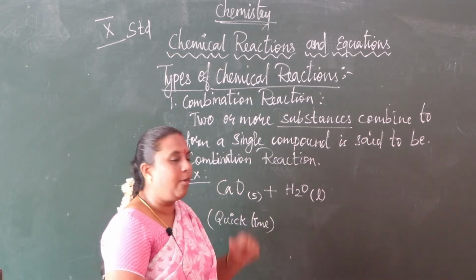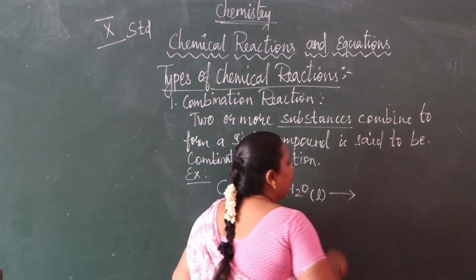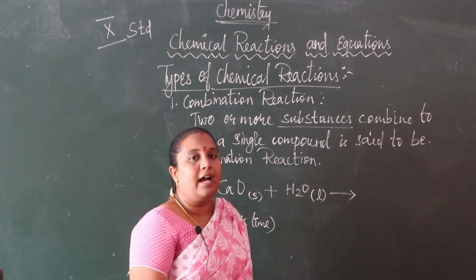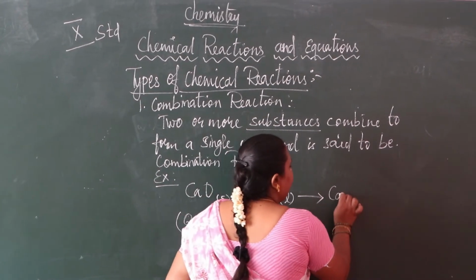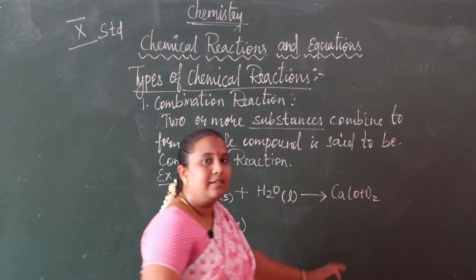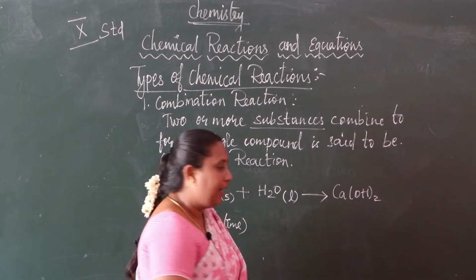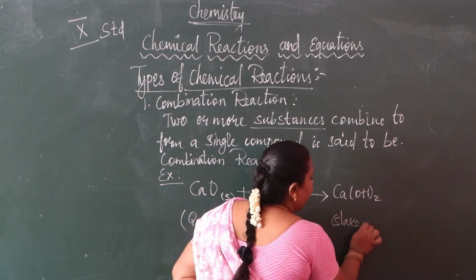So these two compounds react vigorously and we get calcium hydroxide. Understood? It is slaked lime. So we can say calcium hydroxide is the name of slaked lime.